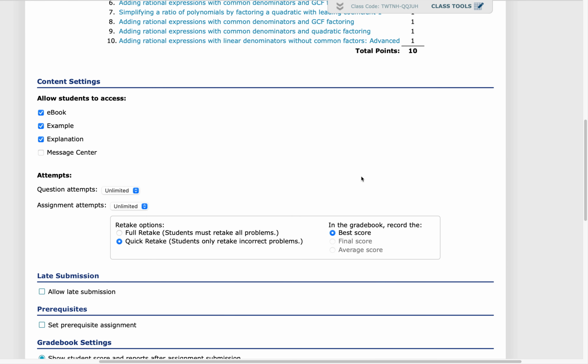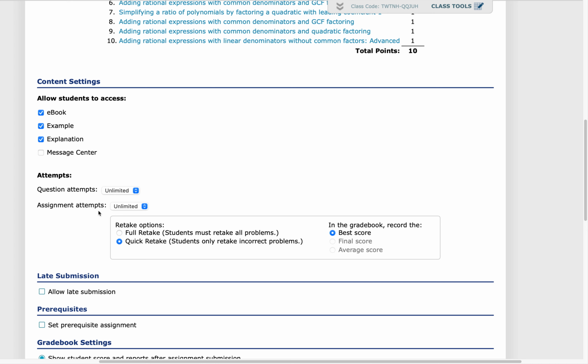For the content settings, you can access the ebook, look at an example, and an explanation. You're going to have an unlimited number of question attempts, in the sense that you can attempt as many times as you like until the deadline, and you have an unlimited number of assignment attempts.